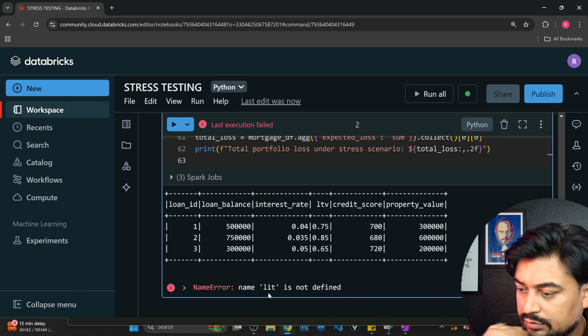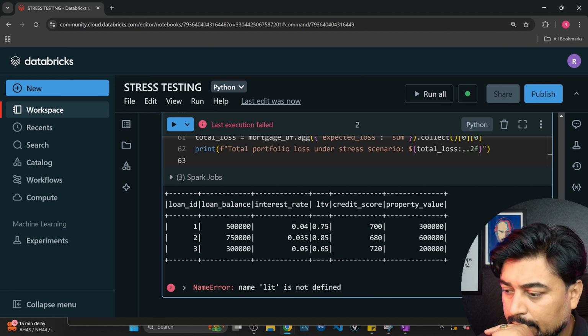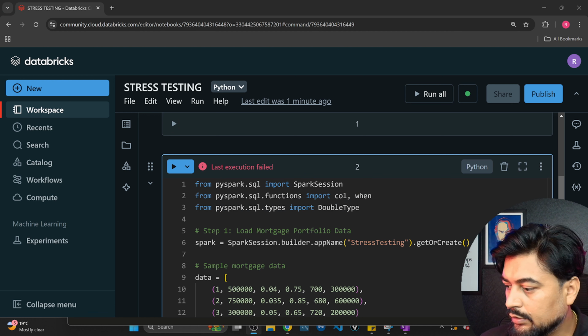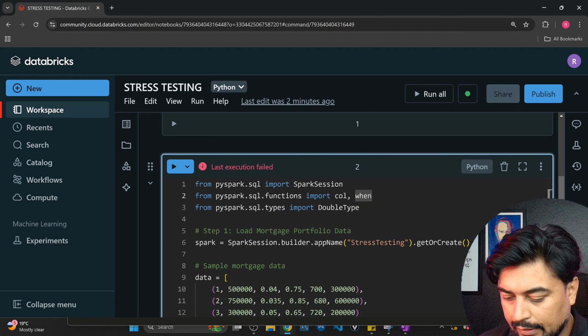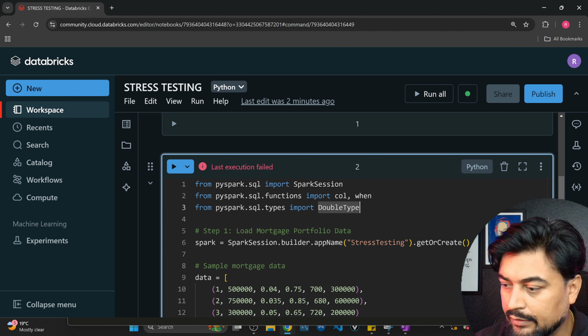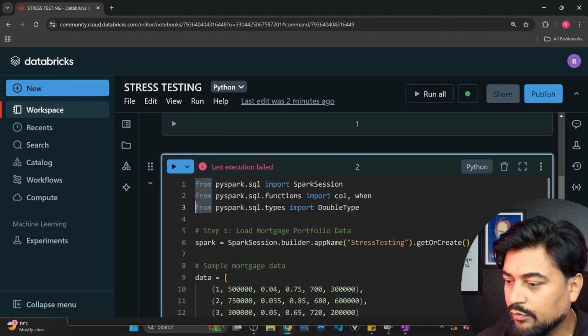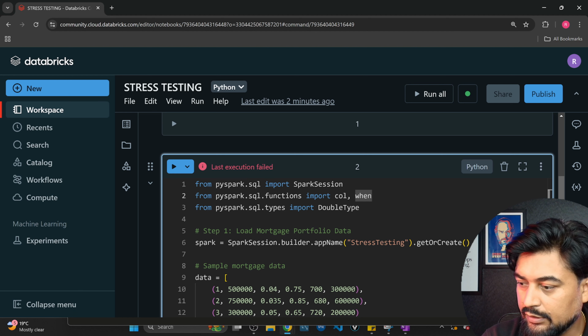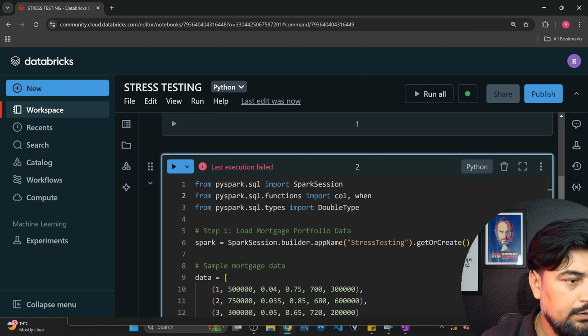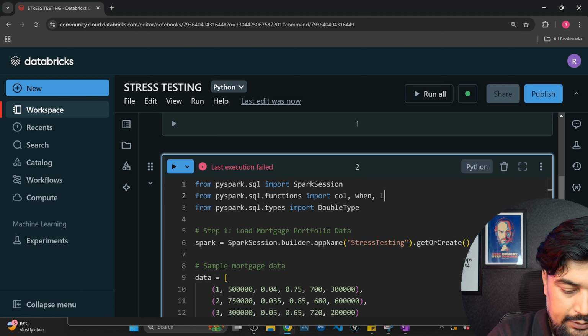Okay, so it says lit is not defined. I think I have not added the lit there because lit is a SQL function. So that is one thing I am missing. Let me quickly do that.